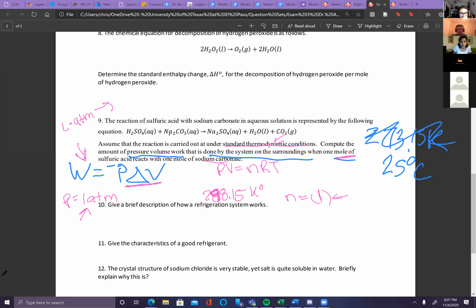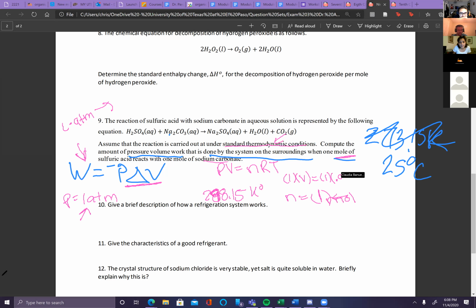So we're just gonna plug all of these in. Again, it's standard thermodynamic conditions, so P is 1, because it's 1 atm. You don't have to put that there, but just so you guys can visualize it. And then we're only using 1 mole, 1 mole of sulfuric acid reacts with 1 mole of sodium carbonate. So n is 1. And then what's our constant in the ideal gas law?